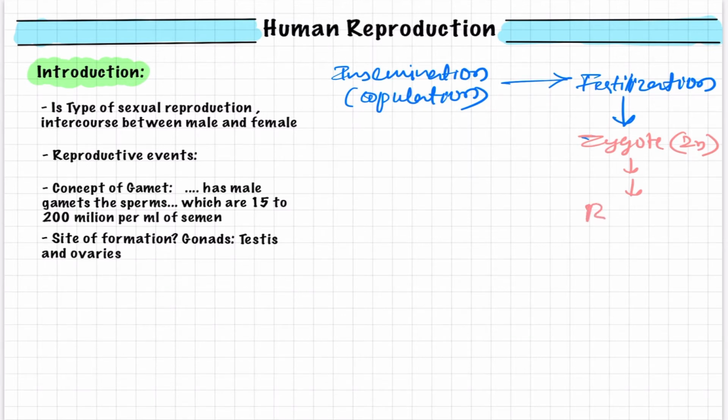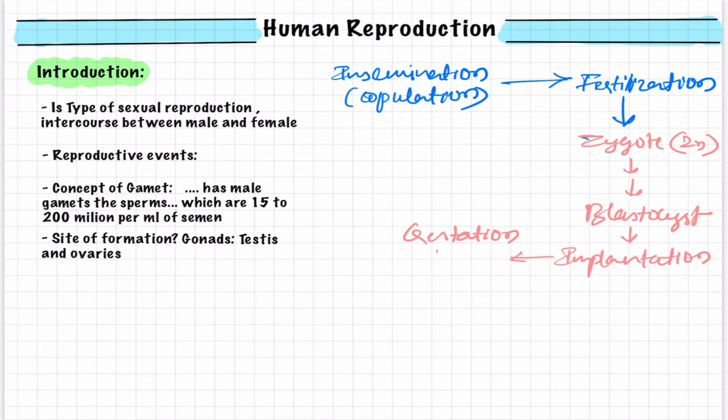The most important is the blastocyst stage, because this is the stage that gets implanted into the uterine wall. That process is implantation. After implantation, the embryo develops into the fetus and so on. That period is called the period of gestation.